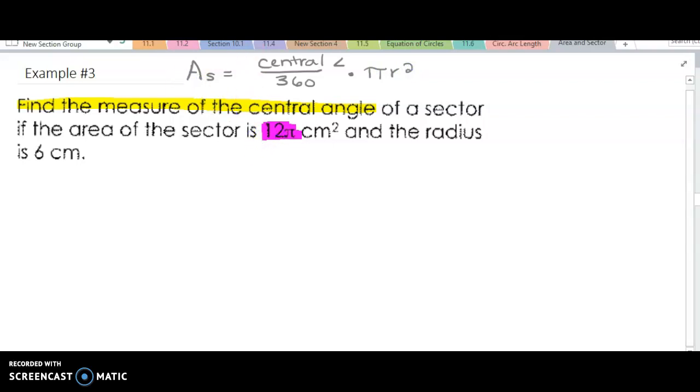Okay, well I know my area of a sector is 12 pi, so I'm going to plug that in here. So 12 pi is going to equal, my central angle is what I'm looking for, x over 360 times pi times my radius, which is 6.